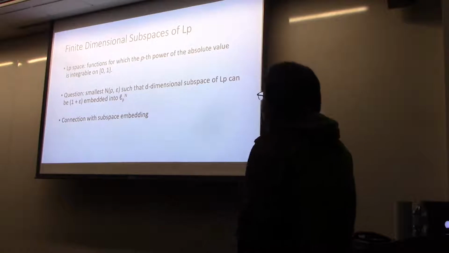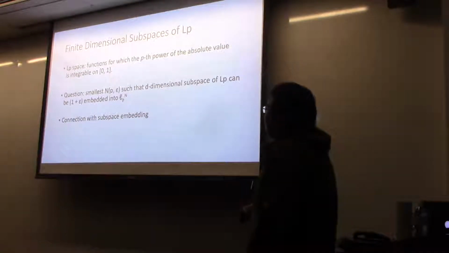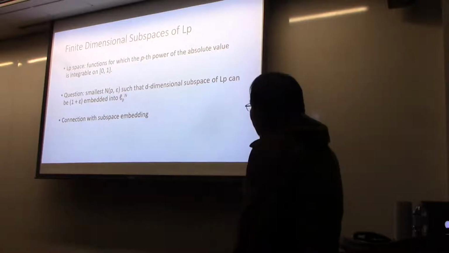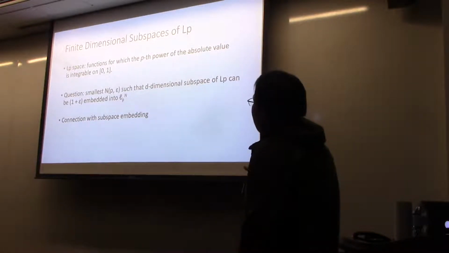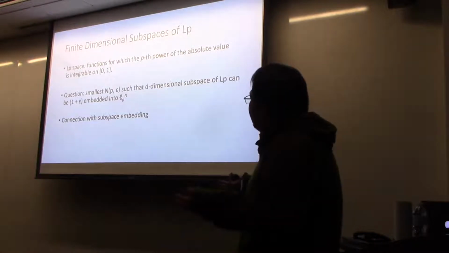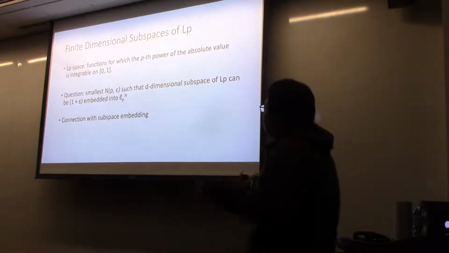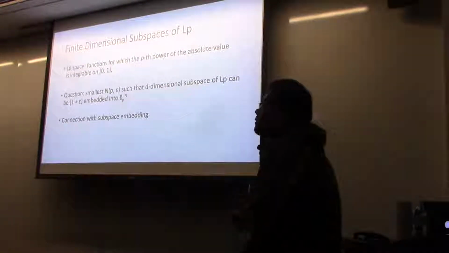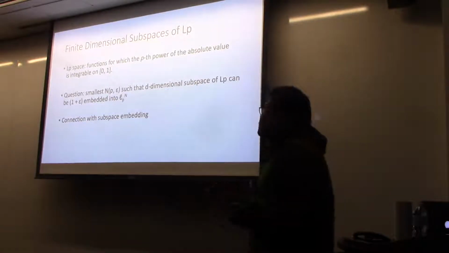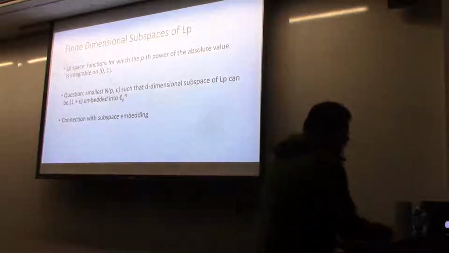This is closely connected with the problem of subspace embedding because the column space of any matrix of size n by d, armed with the LP norm, is indeed a d-dimensional subspace of the function space. So these two problems are closely related.